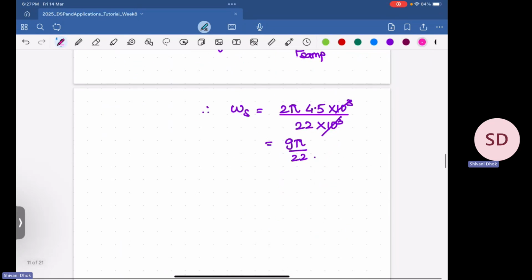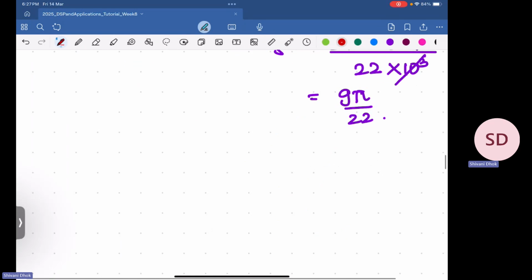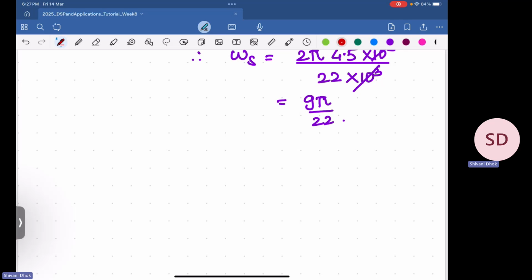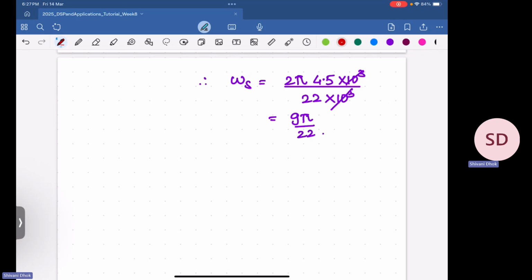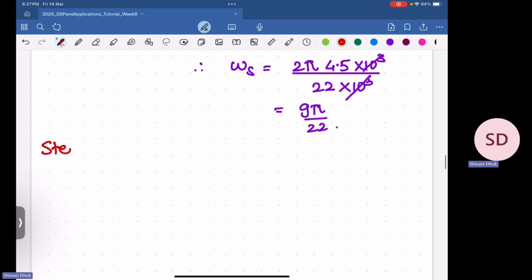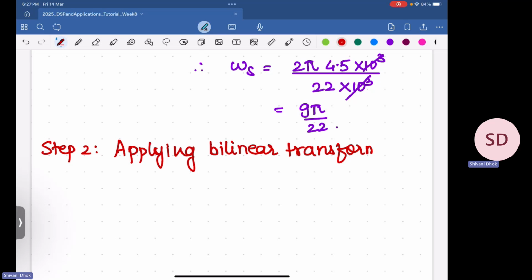Once we get the normalized specifications, what do we do next? Step 2 is applying the bilinear transform, that is, omega tilde as tan of little omega by 2.